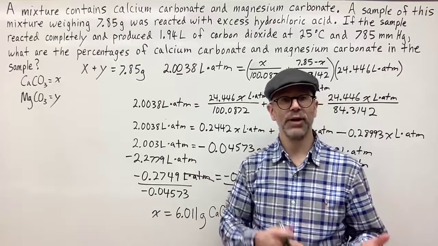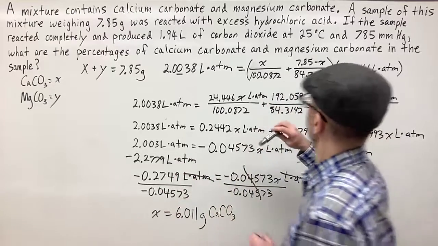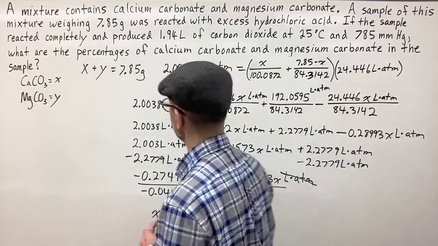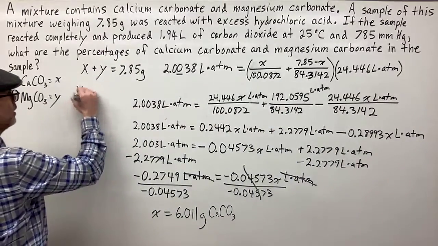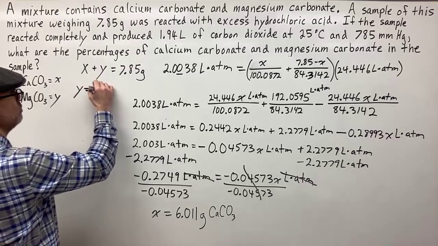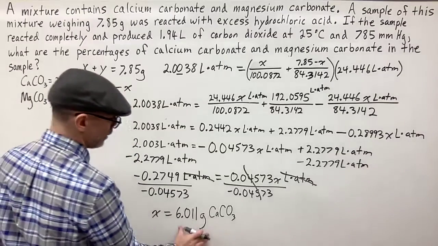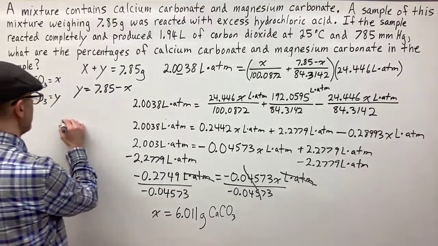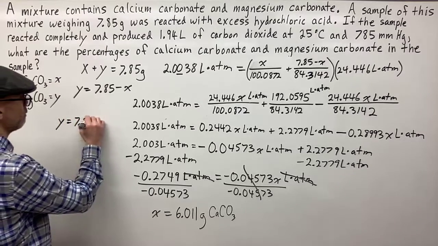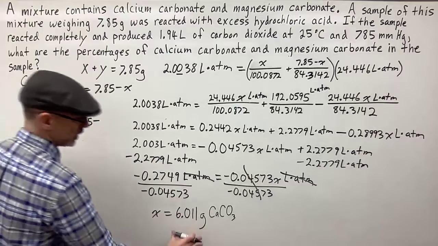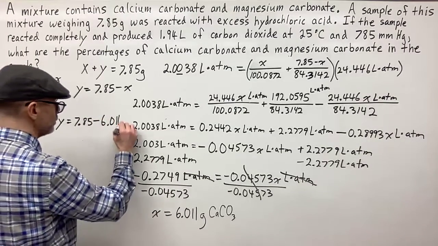So to find the grams of the other one, we just subtract, or in other words, we would plug back into this equation here. So remember, y is equal to 7.85 minus x. We just found x. So if we subtract, y is equal to 7.85 minus x, which is 6.011 grams, right?